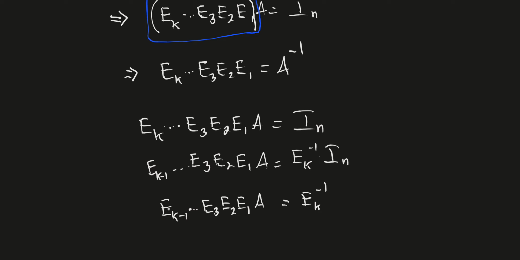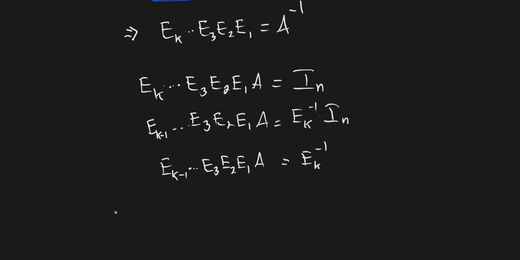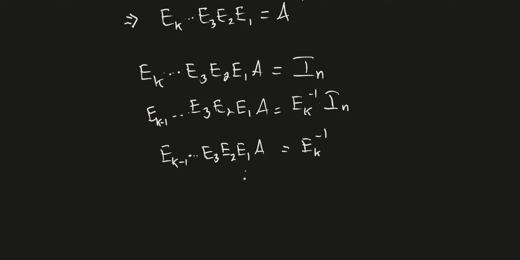And what I would have to end up doing, if I put the inverse of this matrix on the left on this side, then I have to put it on the left on this side. And if I continue that pattern, this is what will happen, right? So I'll just do dot, dot, dot. So A is going to be equal to, and let me write it in reverse here. First I will have E sub k to the negative 1.